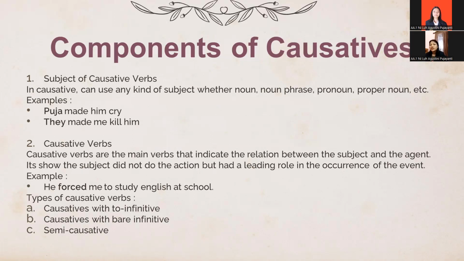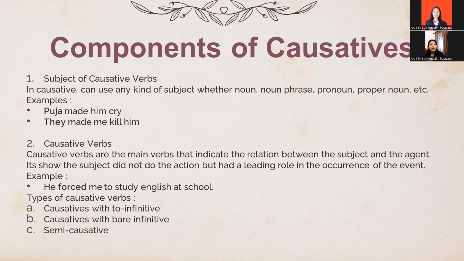Next, components of causatives. Causatives are made of 4 main factors: subject, causative verbs, indirect object, and the last, non-finite clause. So the first, the subject of causative verbs.